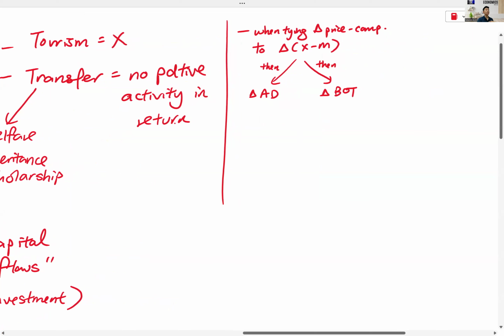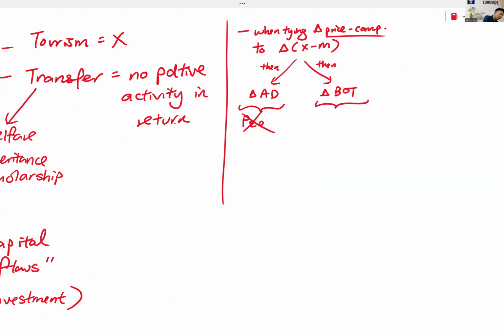Because X minus M is a person with dual passports, dual nationality. It can either park itself under AD or it can park itself under balance of trade. Two passports, okay? So when you're linking the change in price competitiveness to this one, PED is not required. When you're tying to this one, PED is required.